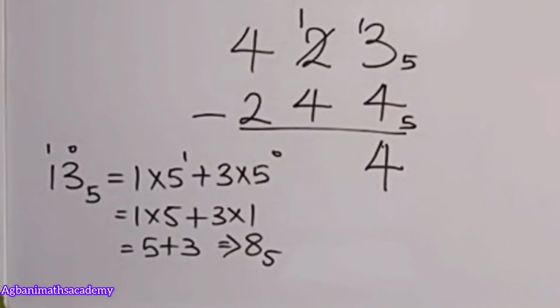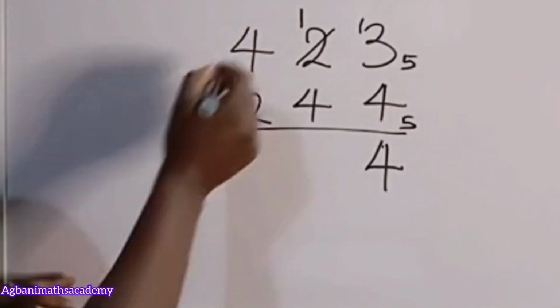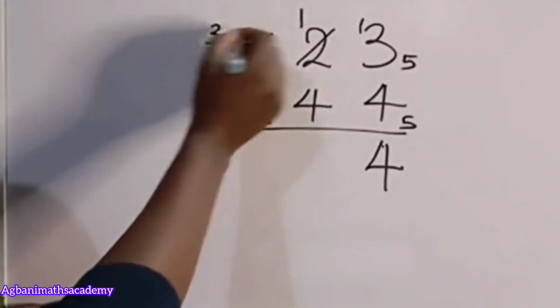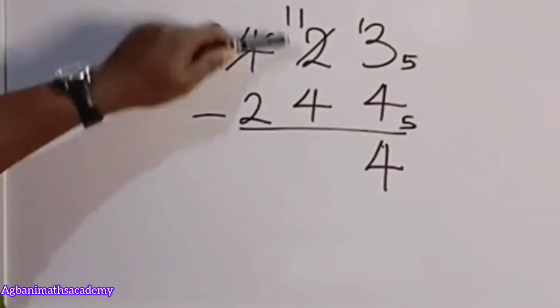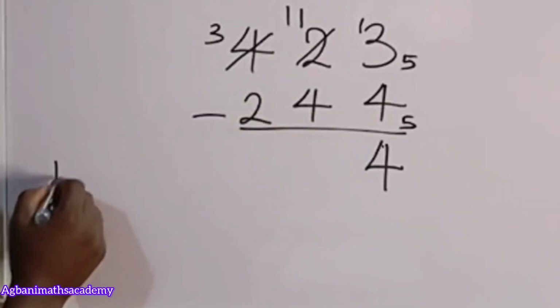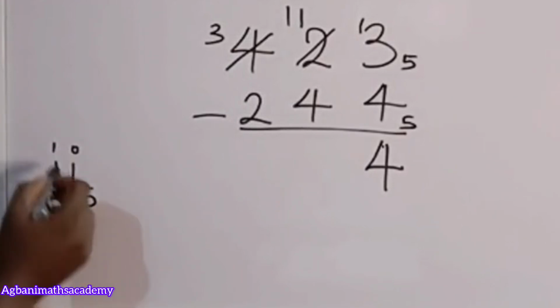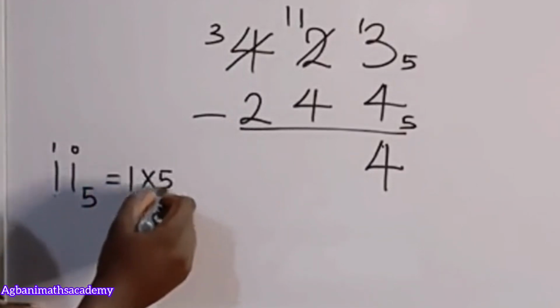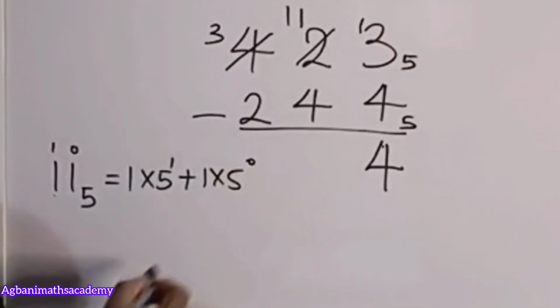Okay. We have 1 minus 4. It's not possible. So we'll take out 1 here. So this becomes 11. So you're not going to do 11 minus 4. You're going to convert this first. So we have 11 base 5. Above 1, we have 0. Above this other one, we have 1. So we have 1 times 5 to the power of 1 plus 1 times 5 to the power of 0.